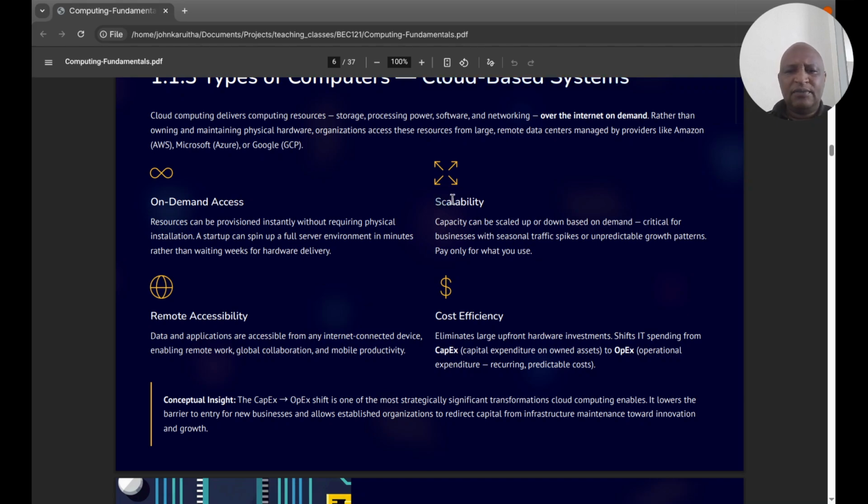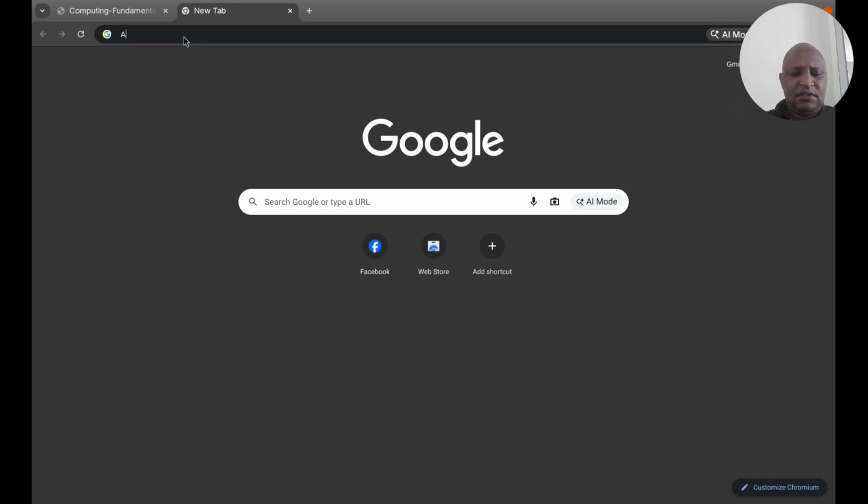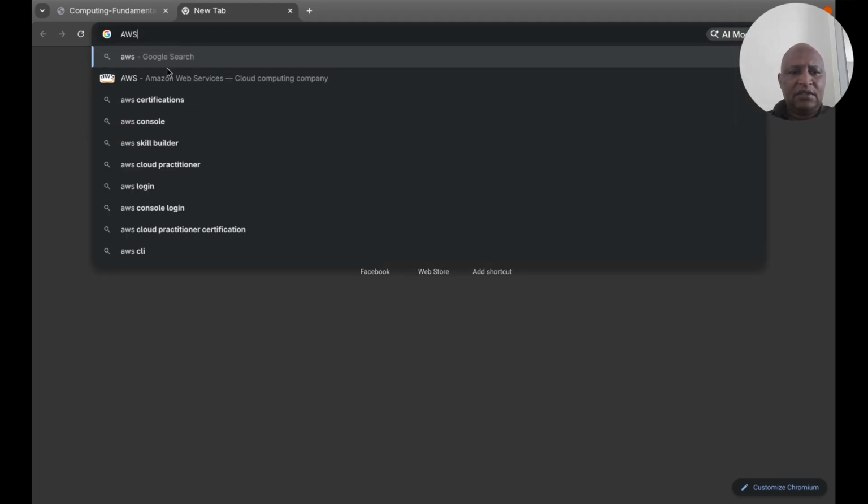They are scalable. Scalability means if you want more processing power, you simply pay more money and they give you more processing power. You can access them remotely. Like I said, you just log into your computer, go to AWS. You can just go and type AWS. You are going to see them. Let's see that AWS.